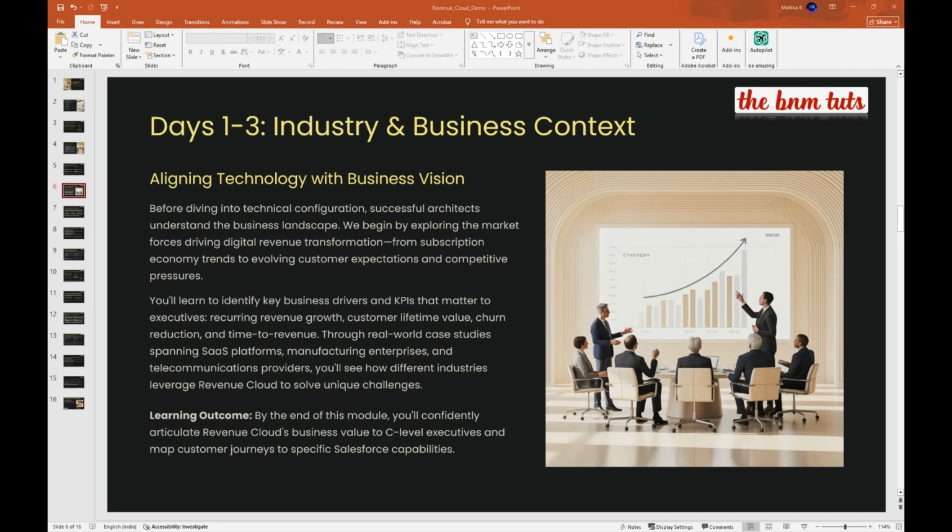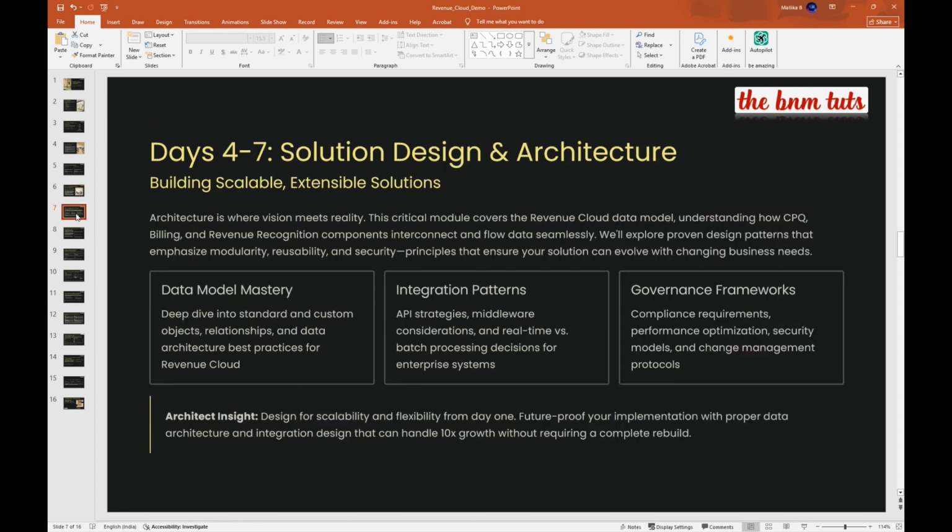These things we are going to discuss in the first 3 days. Remember one thing: whatever I'm explaining is based on real world scenarios and multiple use cases.